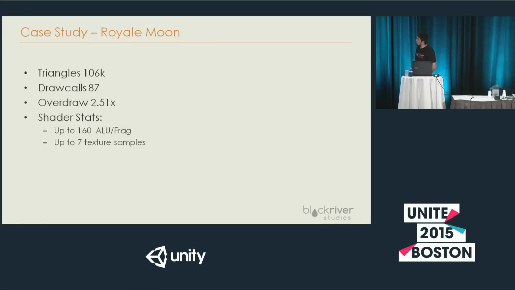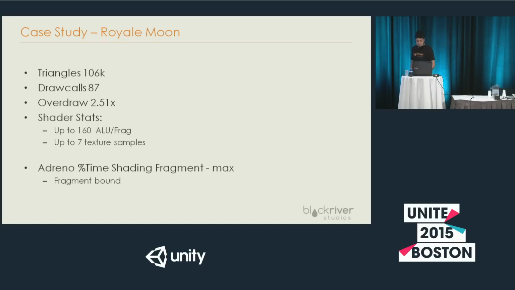You can see that vertex-wise we're not that complicated, but on the fragment side we have a lot. The Adreno Profiler has a counter, and it tells me that the percentage of time shading fragments is at the max compared to the percentage of time spent on the other GPU resources.